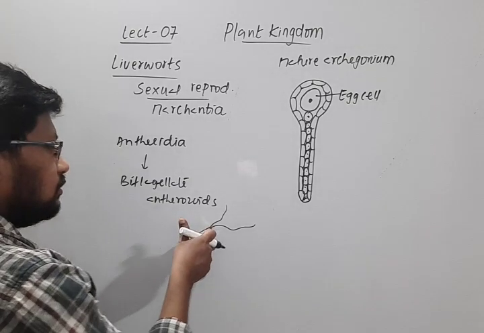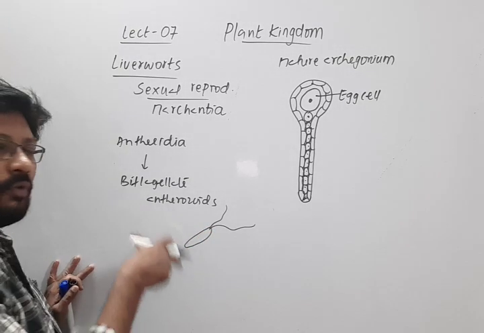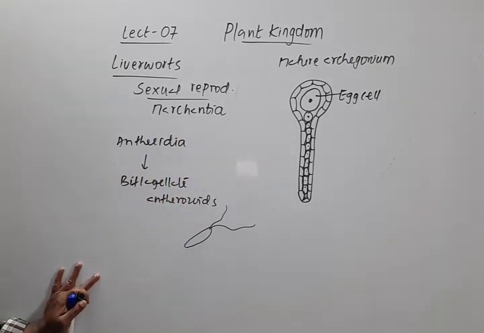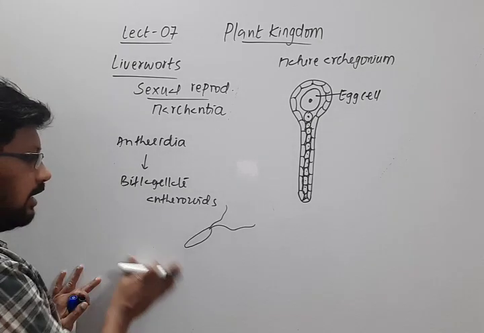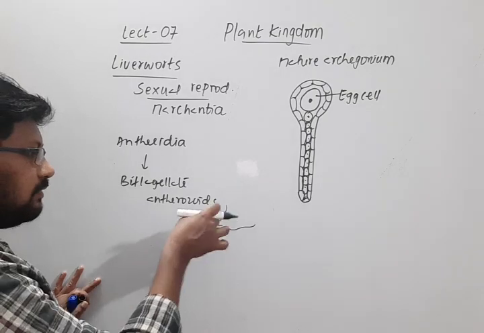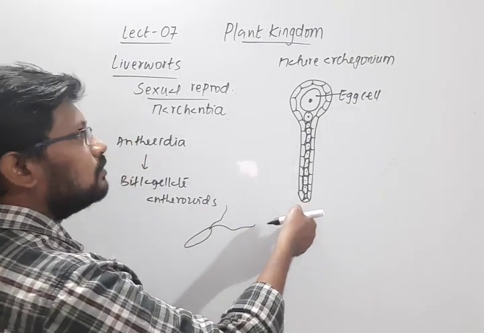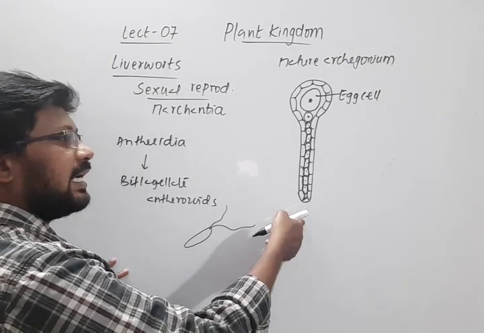Now, we know that bryophytes require water for reproduction. When there is rainfall, these antherozoids are released into the water, and finally they come to the mature archegonium.